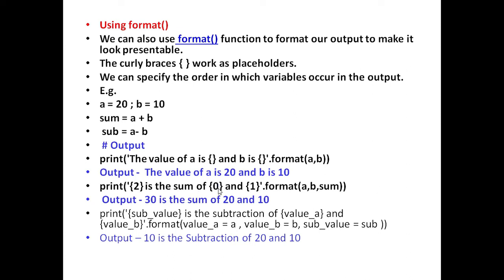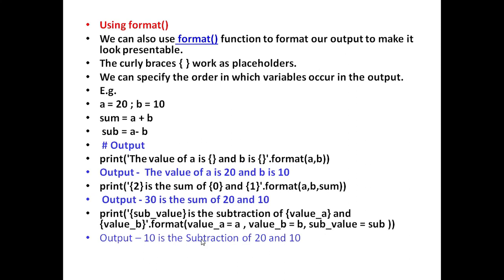At the 0th position A is there, so 20 is printed, which is the value of A. And at the first position B is there, so 10 is printed, which is the value of B. The third method is print with sub_value, which is a variable defined as the subtraction of value_a and value_b. Here sub_value, value_a and value_b are variables whose values are given in the format function. So in format we have assigned the value of a to value_a, b to value_b and sub to sub_value. The output will be 10 is the subtraction of 20 and 10.